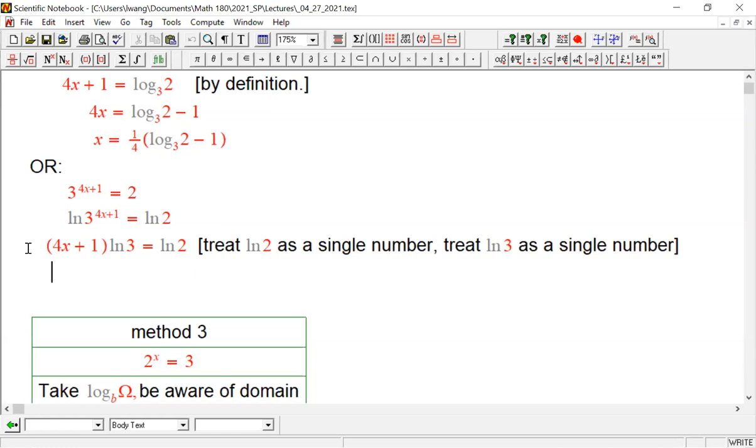So what I'm going to do here is take ln 3 multiplied by 4x, and ln 3 multiplied by 1. So I have 4x multiplied by ln 3, plus ln 3 equals ln 2. You guys see the distribution?